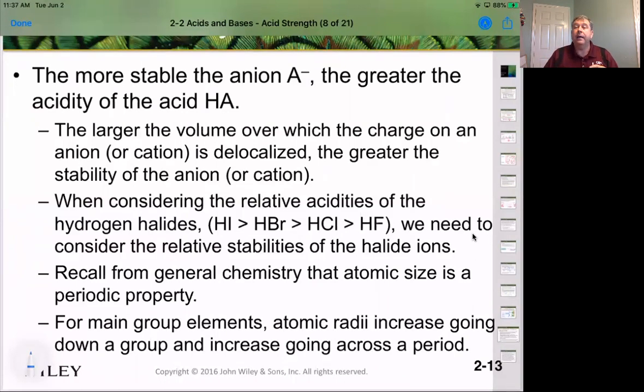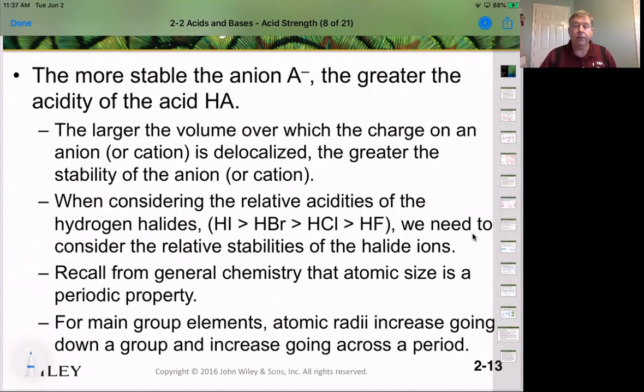Iodine ion is the biggest anion of the set and therefore is actually the most acidic of the set, followed by bromine and chlorine, and then fluorine is the least acidic in that series. Now, fluorine is the most electronegative, but that's not the only thing we have to look for. Fluorine is much smaller than the chloride ion, which is much smaller than the bromide ion, which is much smaller than the iodine. Therefore, iodine is the most acidic, even though fluorine is the more electronegative.